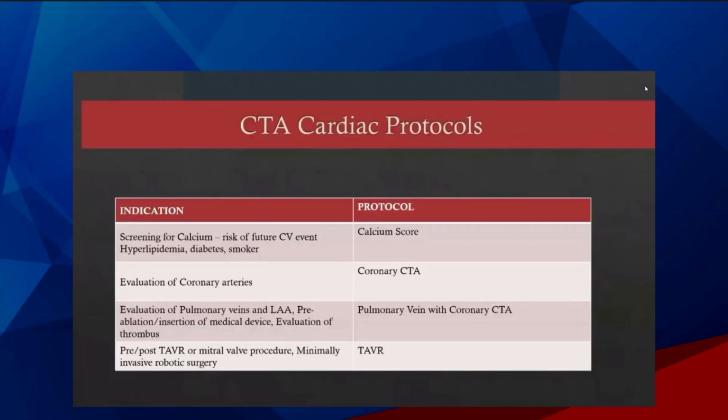This is a short summary of the protocols that we actually have available, and we perform the majority of our cases. Of course, we have a non-contrast calcium score study.